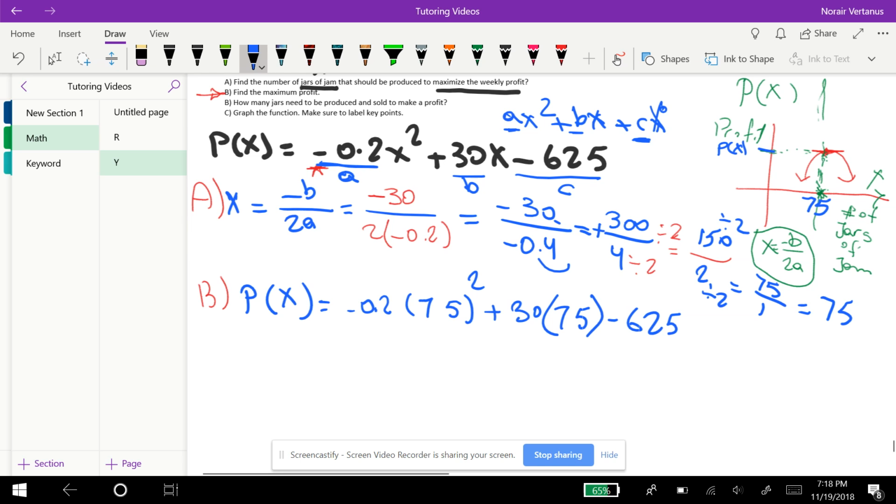Where's my calculator on my cell phone? So we have an answer here. Let me do it myself also.